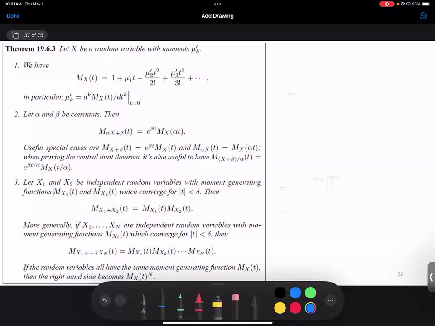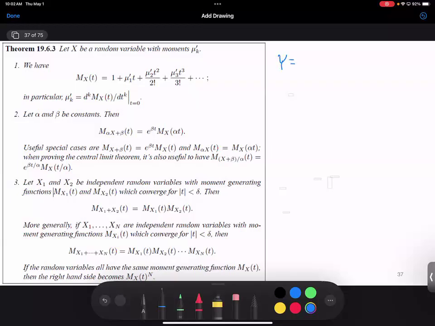When you take the series expansion, you get the moments. The next thing is if I do a simple change of variable, the moment generating function changes very simply. The moment generating function of the new variable alpha x plus beta is just e to the beta t times the moment generating function of x at alpha t. So it's a very simple translation. And the proof of that is not too bad.